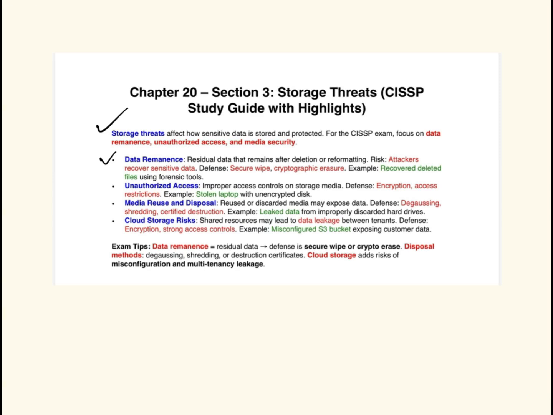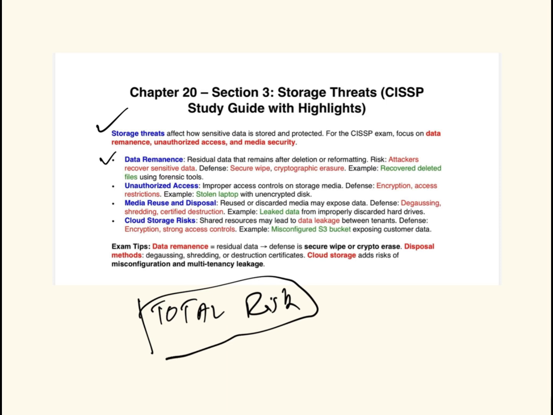Since we have discussed residual data and data remnants, let me tell you another important thing. Let's say a company has a total risk, and that company also has a risk appetite.